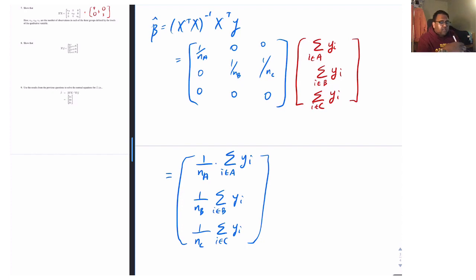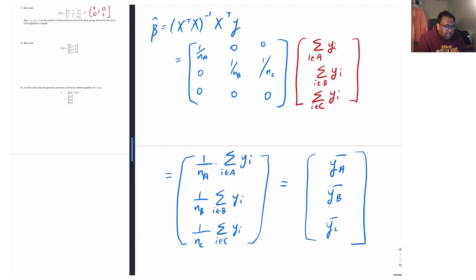So a sum divided by a number of observations, we've seen this time and time again as being the mean. Okay, so this is really a vector of 3 means, YA bar, YB bar, and YC bar, where the mean is over all of the observations that belonged to a certain class. So all of the observations whose value is A, the mean of those is YA bar, and similarly for YB bar and YC bar.